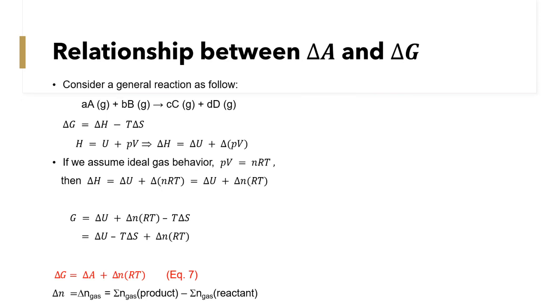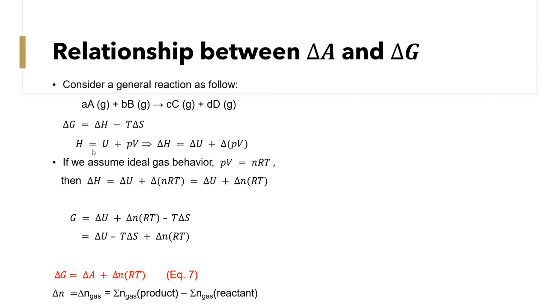Okay, so now let's talk about the relationship between delta A and delta G. You can somewhat see, based on the equations, that there's a relationship between delta A and delta G, and that's what we're going to do in this part of the lecture. So you have a general reaction as such. Delta G is given by this expression.